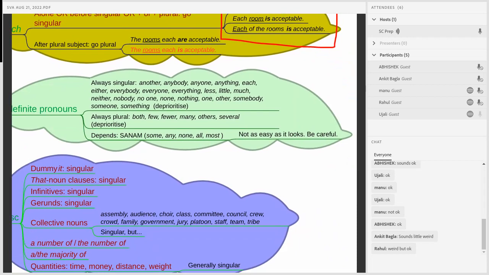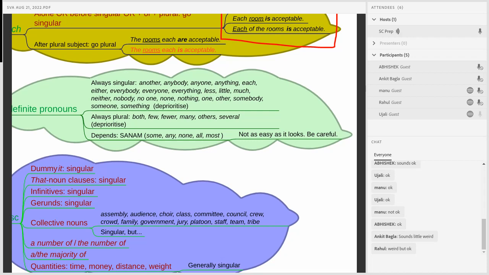If you look at these words, the first ones, the ones that say always singular: another, anybody, anyone, anything, either, everybody, everyone, little, much, neither, nobody, no one, none, nothing. These words are considered singular, right? So I'm going to deprioritize this.